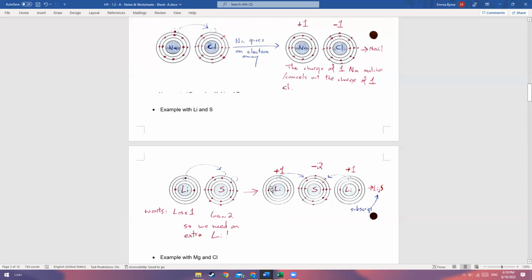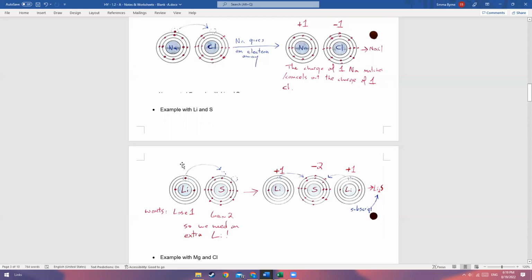So this is drawn in this particular way just for convenience sake with lithium on each side, but you'll essentially just draw the same scenario twice of lithium giving up an electron to the 3rd valence shell of sulfur. Okay, it's very similar to the previous problems.